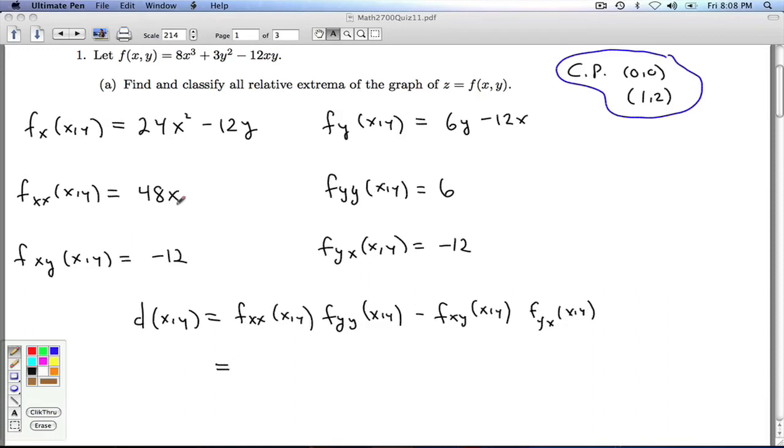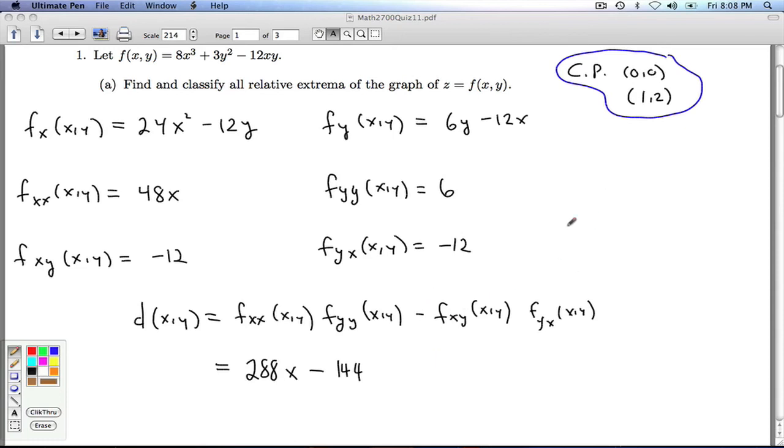Let's see what we get out of that. We get 48 times 6, so that's 288x, minus negative 12 times negative 12, minus 144.